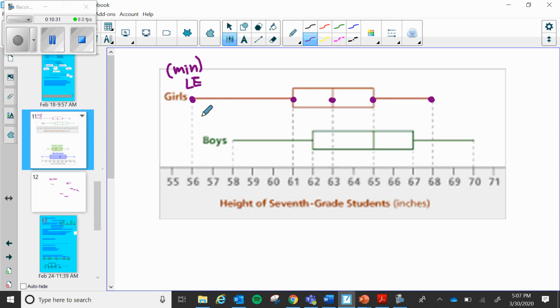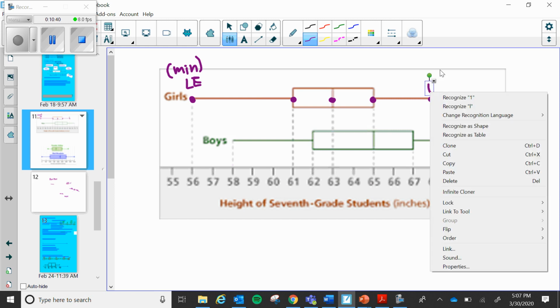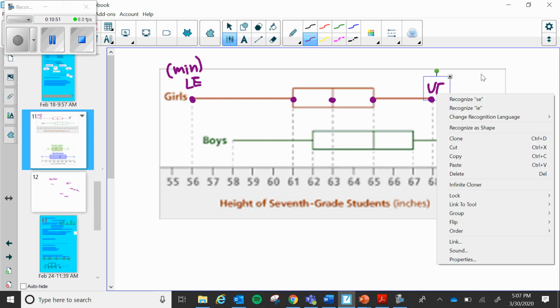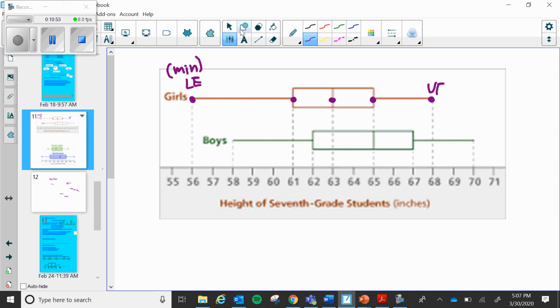Actually, let's skip that. Let's just do everything that we know and that's really easy first. We've got our minimum, which makes this number all the way over here our upper extreme, which is the maximum.